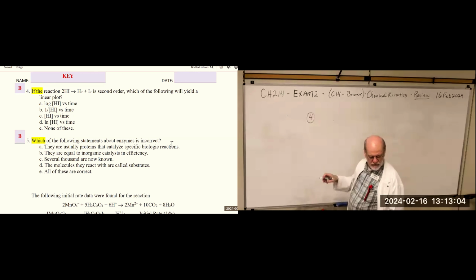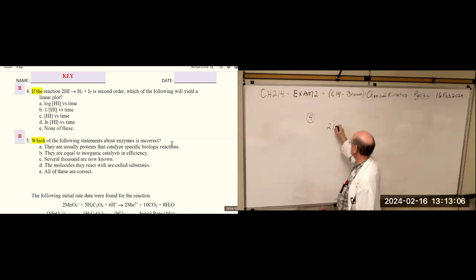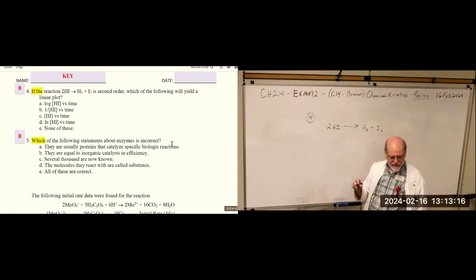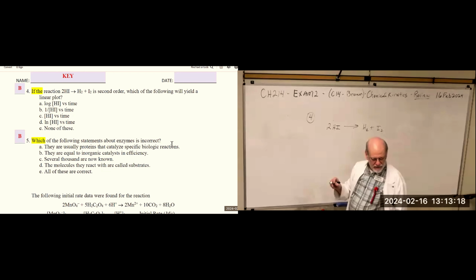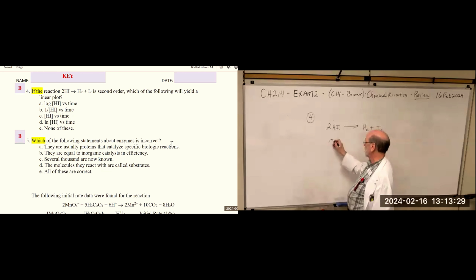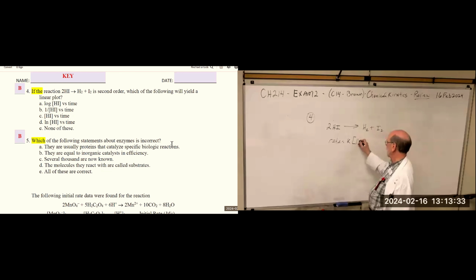If the reaction 2HI, hydrogen iodide, yields H2 and I2, okay, is second order. Yeah, second order with respect to only one reactant. Right, if it's second order, then we could write the rate law equals K times [HI] squared.